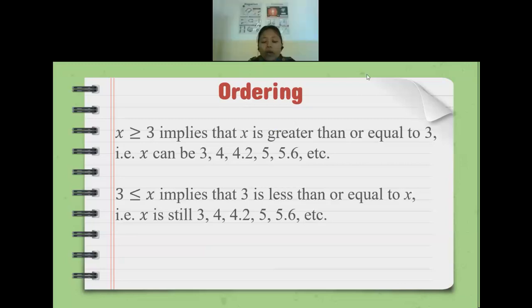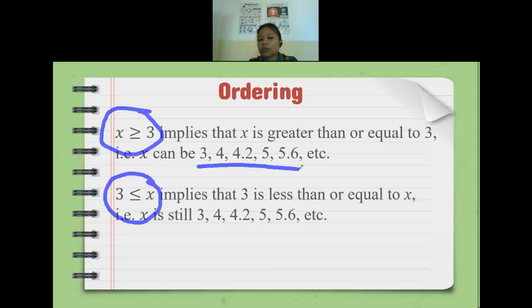If you have no difficulties here, I just want to make a conclusion. These two signs look different, right? They look different, but the possible answers for x are exactly the same. Why? Because these two inequalities are actually the same.